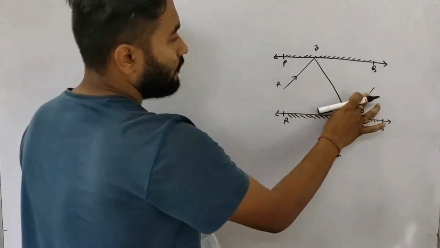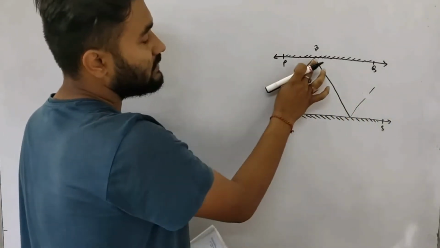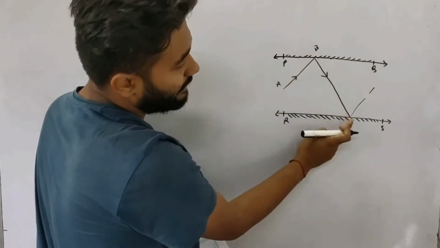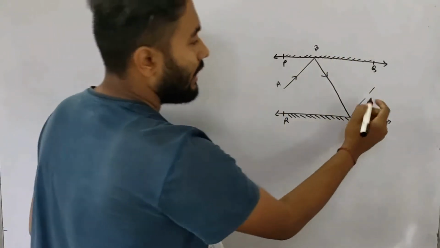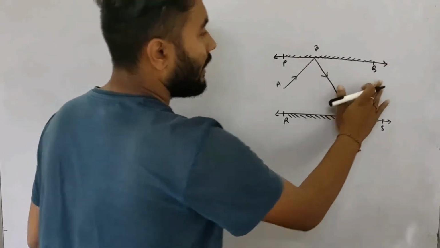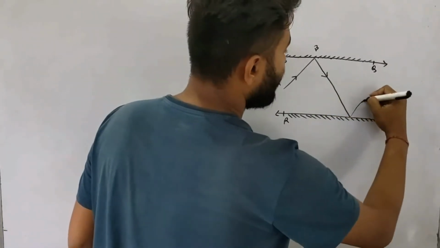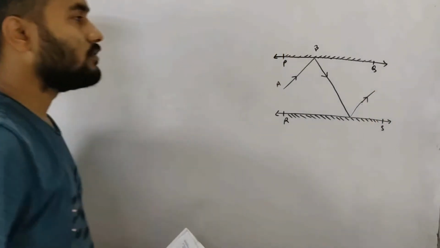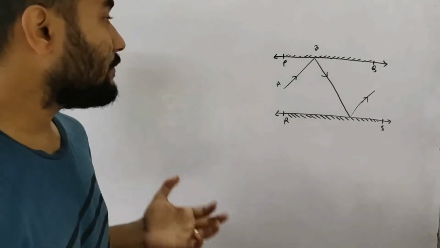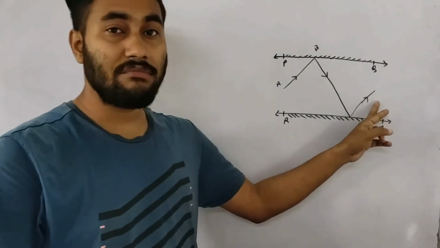See, from here, this is the incident ray. It reflected in this way, touched this mirror, and again a reflection was there. So this is the diagram. Understood? In physics this ray is known as the emergent ray.